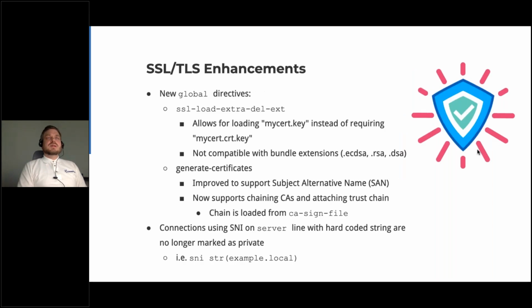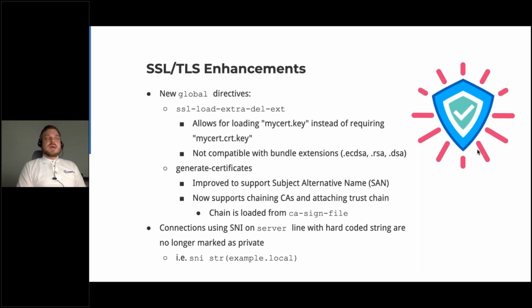So HAProxy 2.2 introduced the capability to load SSL private keys separately from the certificate through the ssl-load-extra-files global directive. However, it required that the key be named the exact same as the certificate with the .key extension appended to it. So for example, if you had a certificate named mycert.crt, the key had to be named mycert.crt.key.